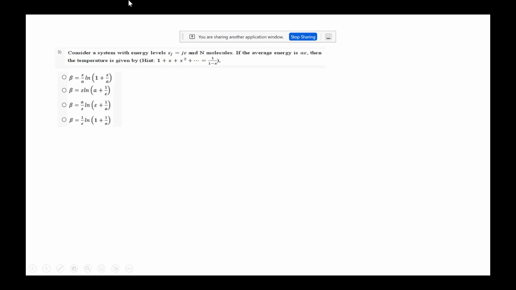So the partition function, there is no degeneracy given. So the partition function Z is the sum from j equal to 0 to infinity of e to the power minus beta j epsilon, right?